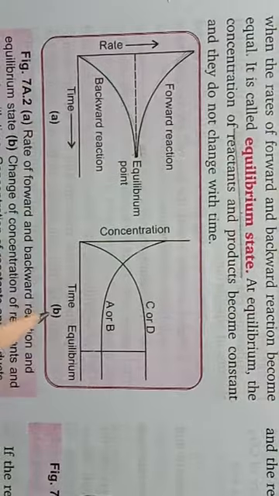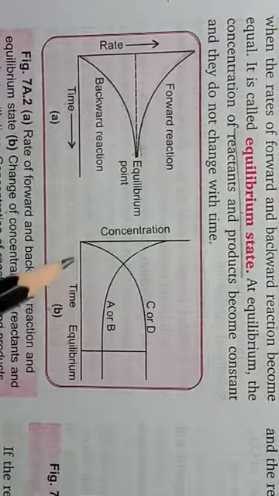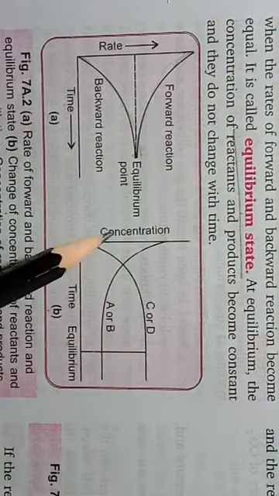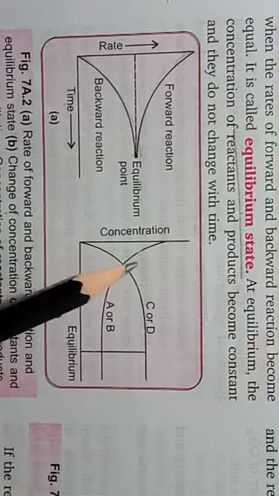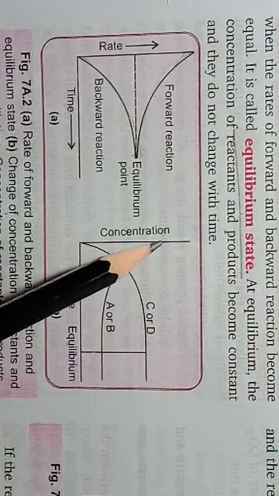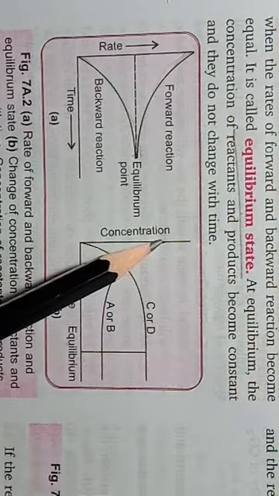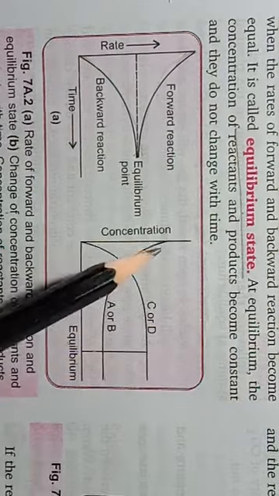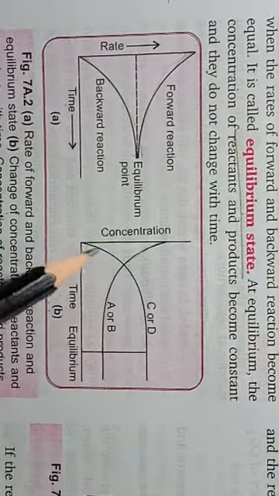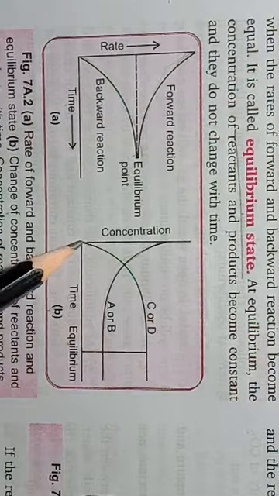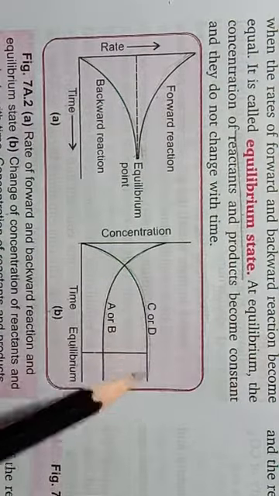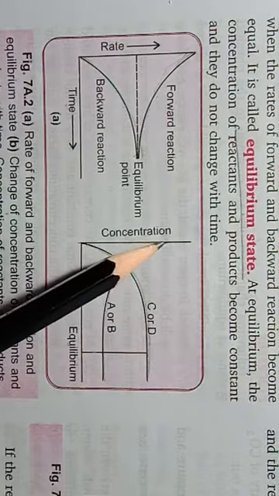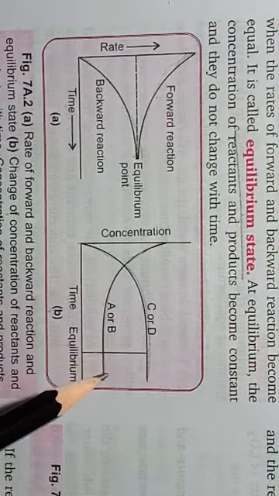Okay, in graph B, time versus concentration. This curve is the concentration of the reactant, which decreases with time, and this curve is the concentration curve for the product. The concentration of product increases with time and the concentration of reactant decreases with time.